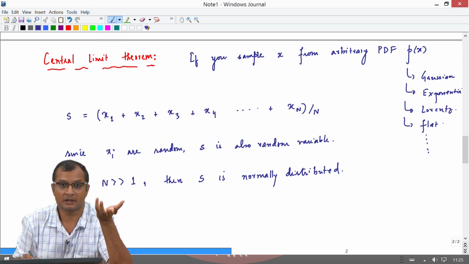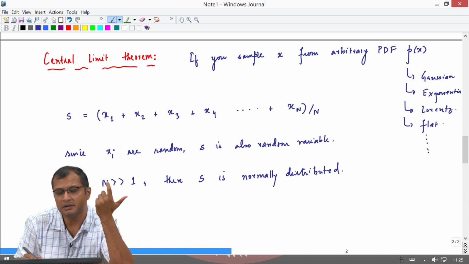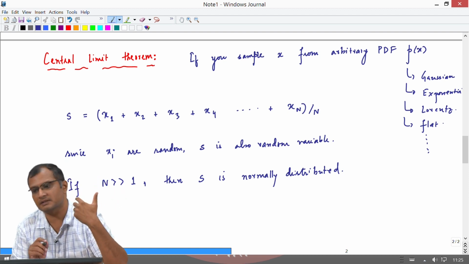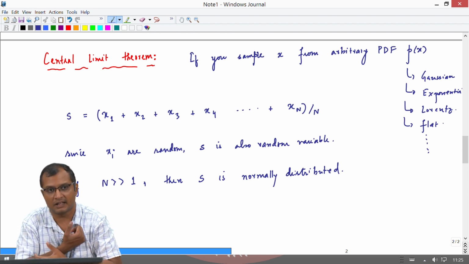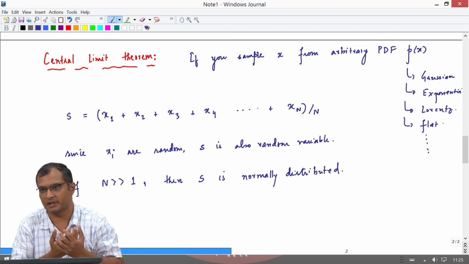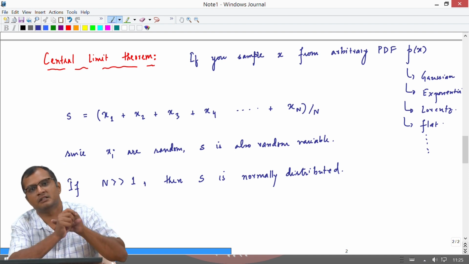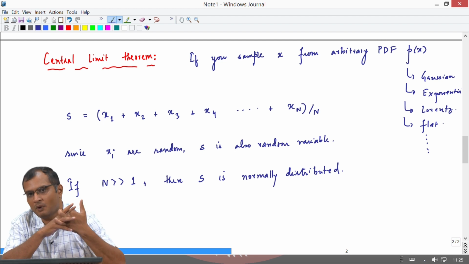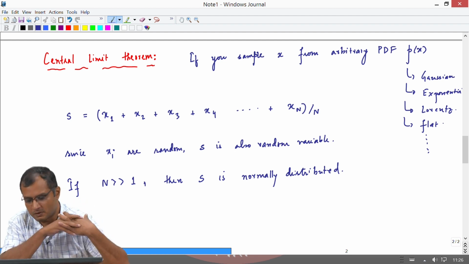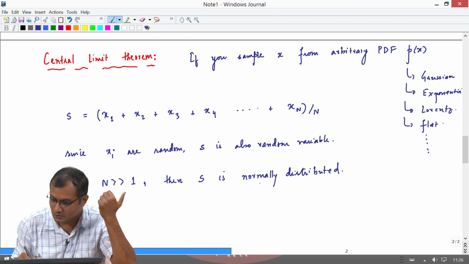Normal distribution and Gaussian distribution are the same. The Gaussian distribution is a general distribution with an arbitrary mean and an arbitrary variance. If you take the mean to be 0 and variance to be 1, you can call it a normal distribution or the standard normal distribution.